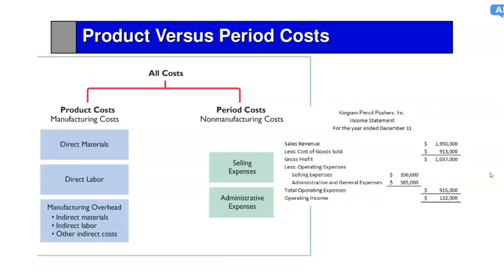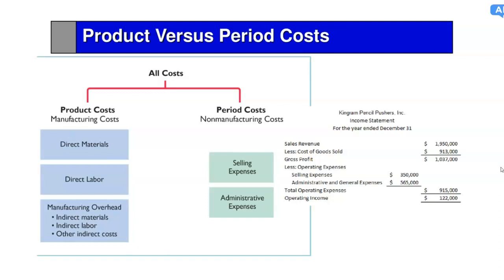You see on the income statement, when I sold the product, my desk, it comes out as the cost of goods sold. And then I have my selling expenses and my administration expenses. But you see, this is the income statement. This is expensed. Now, if I didn't sell my desk, it's finished goods inventory and it's on the balance sheet.